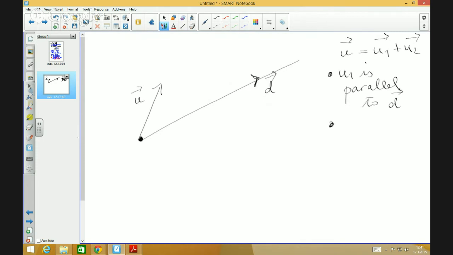And u2 is orthogonal to the direction vector. So let's try to do that.